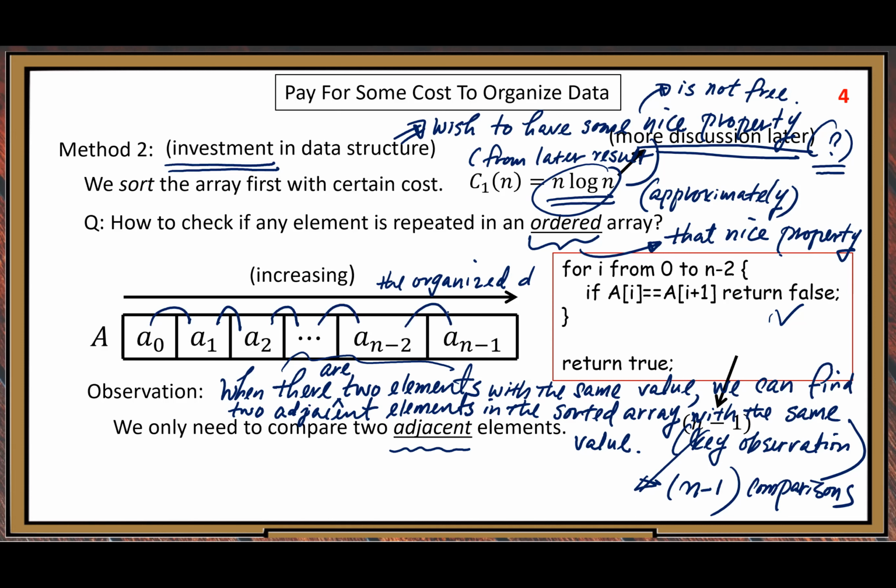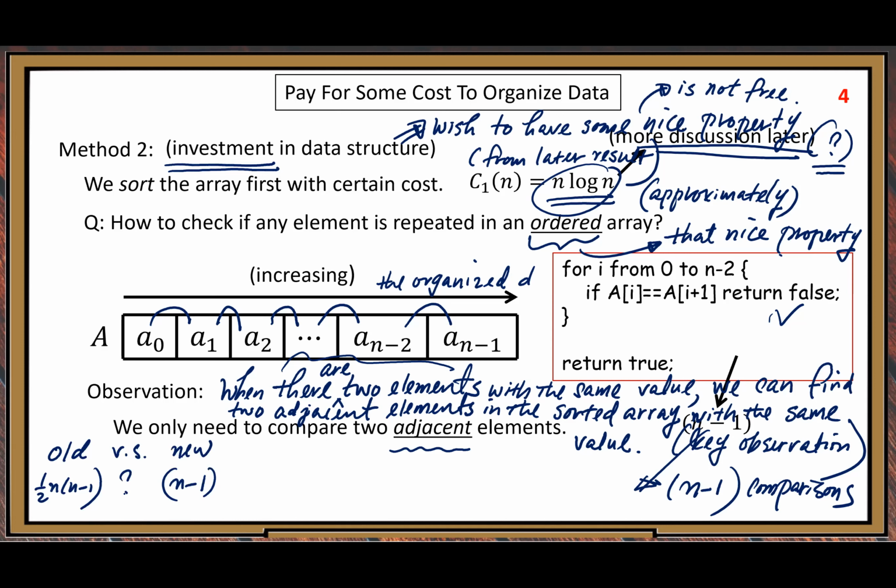Compare the old way with the new. In the old way, worst case, you need this many comparisons. In the new way, you need n-1. Is that a big difference?